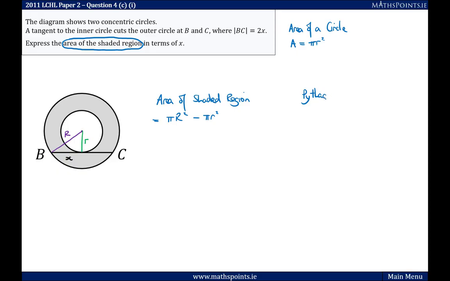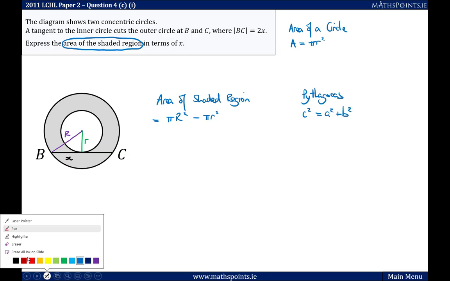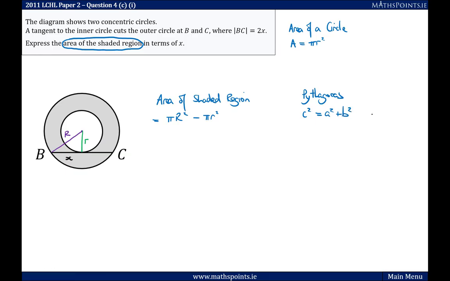So Pythagoras theorem says that c squared equals a squared plus b squared. Let's redraw that right angle triangle just so we can see which one I'm talking about. So it's the one where the hypotenuse is capital R, we have r here, and we have this as x.